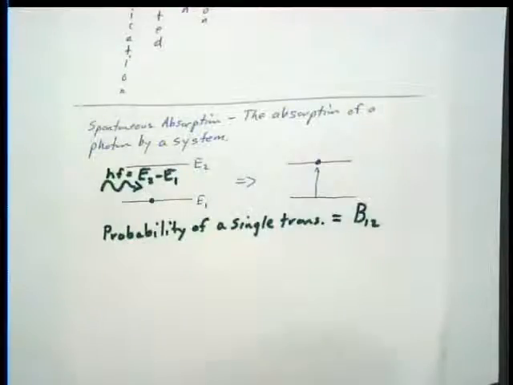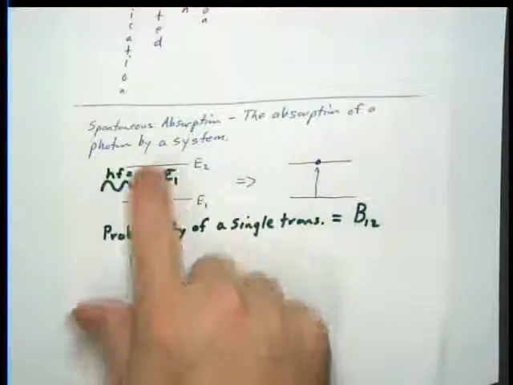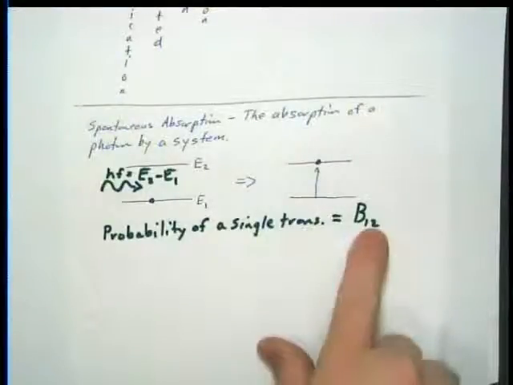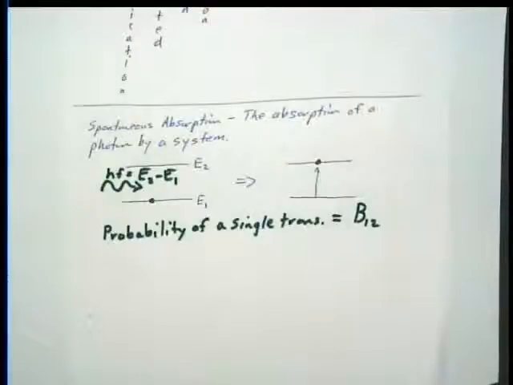If I want to know the number of electrons that can do this, however, it depends on some other things. If no photons come in, this is like a batting average. If there are no photons, there are no pitches thrown to the batter, so how many hits will he get? None. So the number of these that can do this depends upon there being photons.